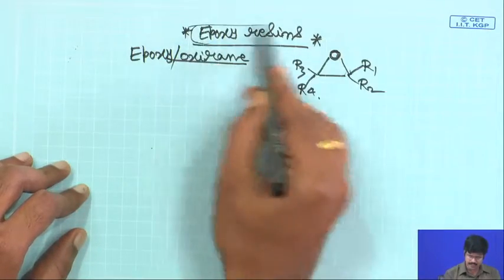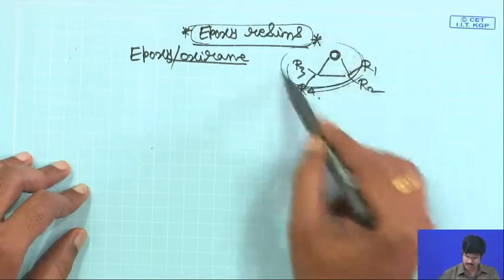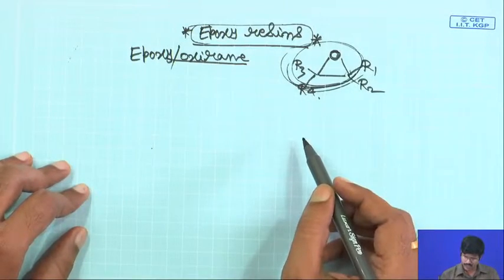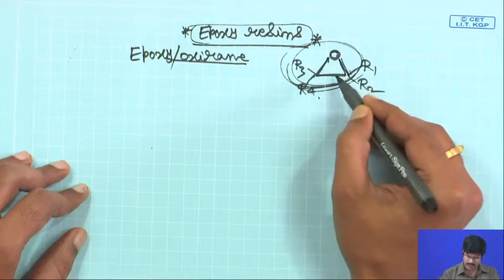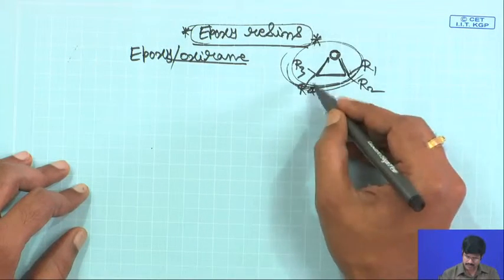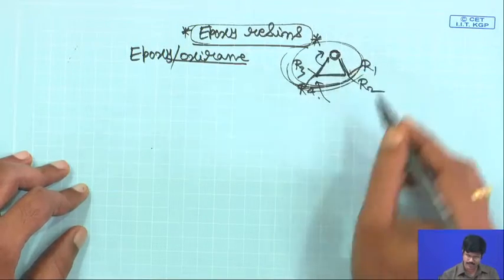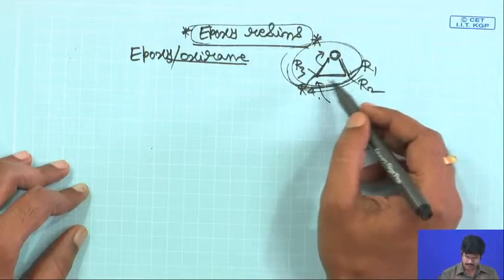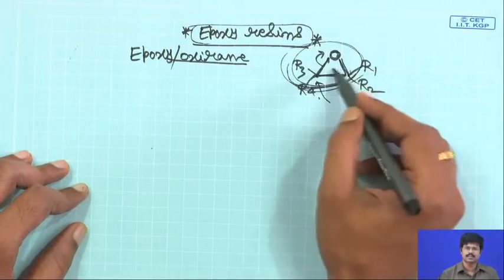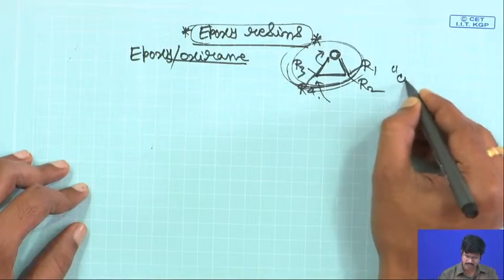So, epoxy resins are typically characterized, as I told, by the presence of more than one such linkage, and these epoxy linkages can be opened up. If you have a nucleophile that attacks here, it can open up here like that. So, you can cross link chemically a material which has this kind of linkages: you open up and then cross link, and that is called your curing.